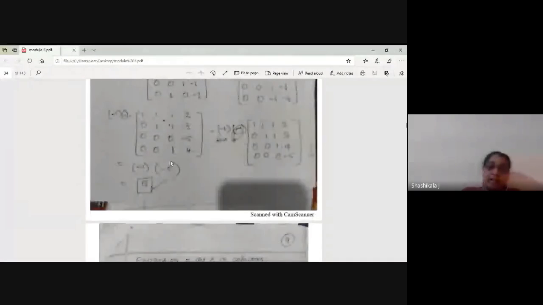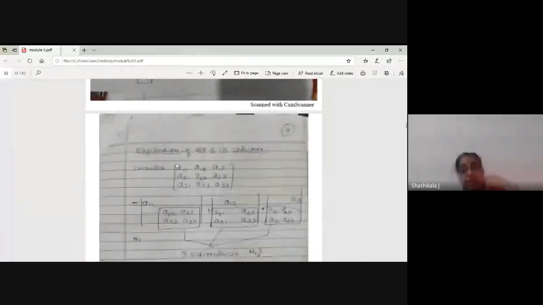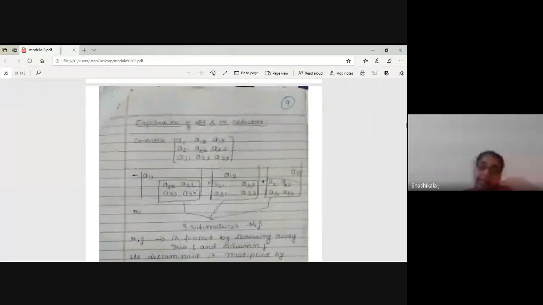Okay. Next, listen, one more method is expansion of determinant A by the cofactors. You already know how to find the cofactors. A cofactor is like a determinant, but you leave out a row and column and you have to consider the sign.